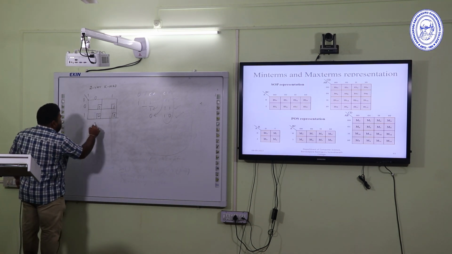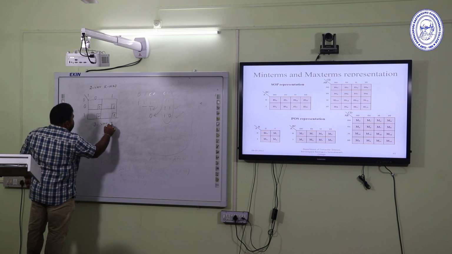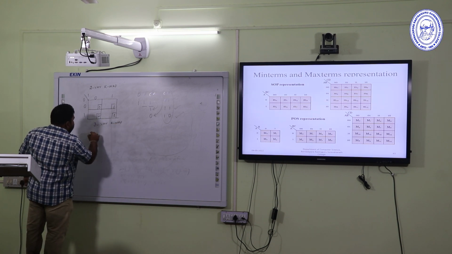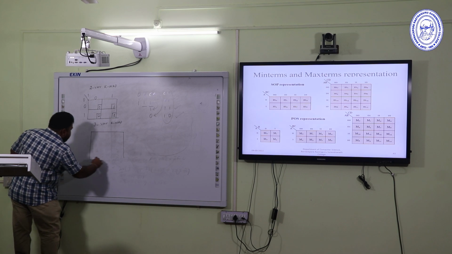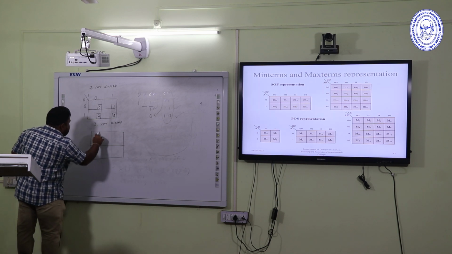If we take the three variable Karnaugh map, there will be 8 cells.